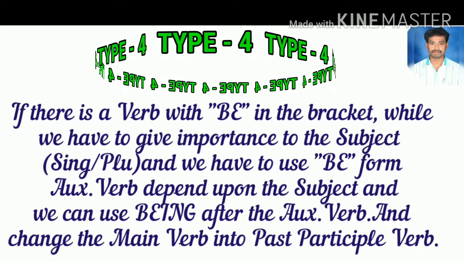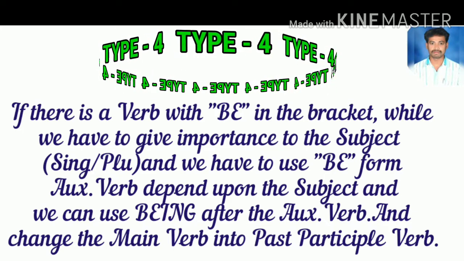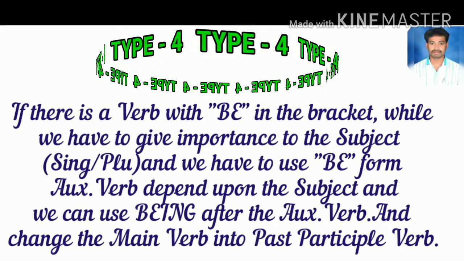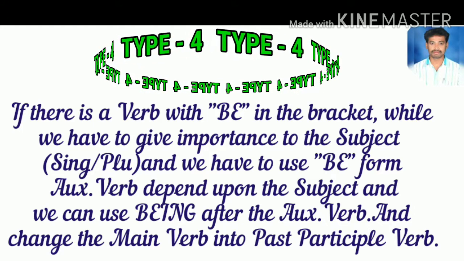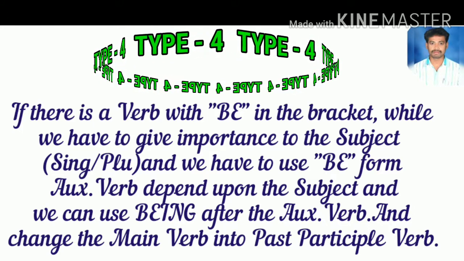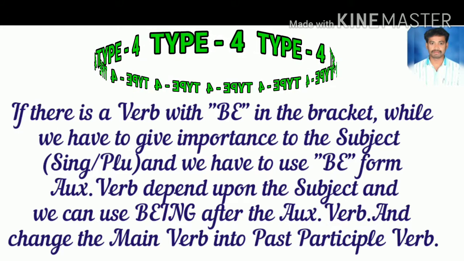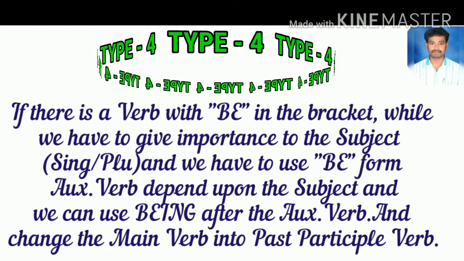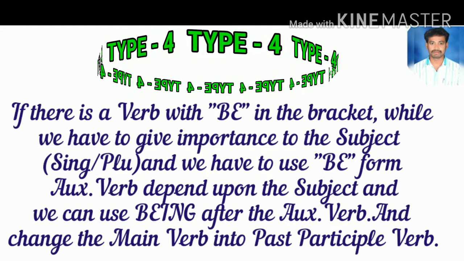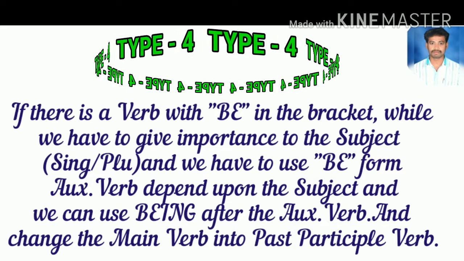We have to use the be form auxiliary verb depending upon the subject. If the subject is singular, I want to use a singular be form auxiliary verb. If the subject is plural, we want to use the plural be form auxiliary verb, and we add being.